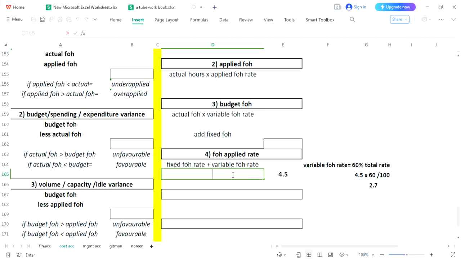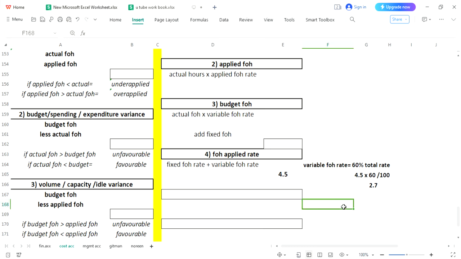But now the problem is, what would be fixed FH rate? Kindly understand, when you add fixed and variable, you get total FH rate as 4.5. Okay, in writing we will do it. So fixed FH rate, when it is added to variable FH rate, you get total applied FH rate.